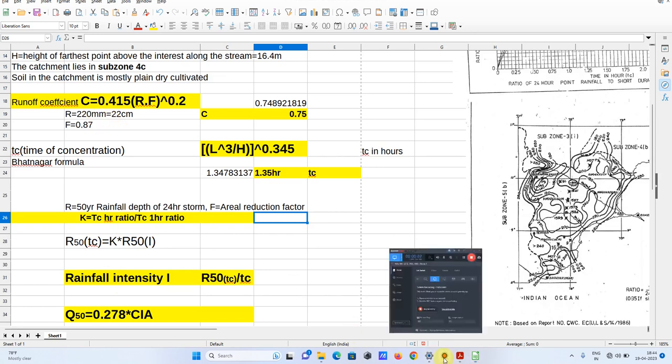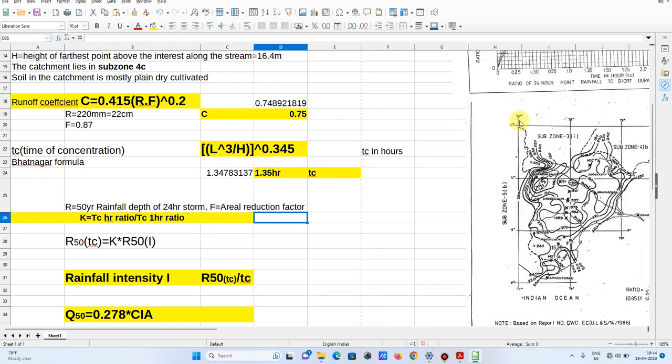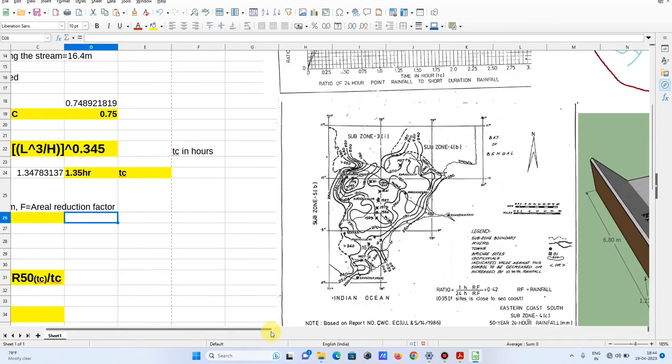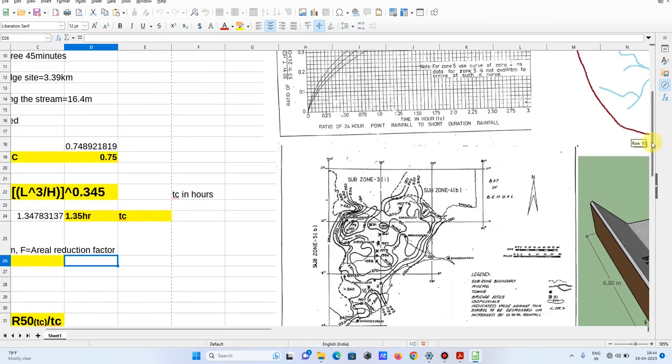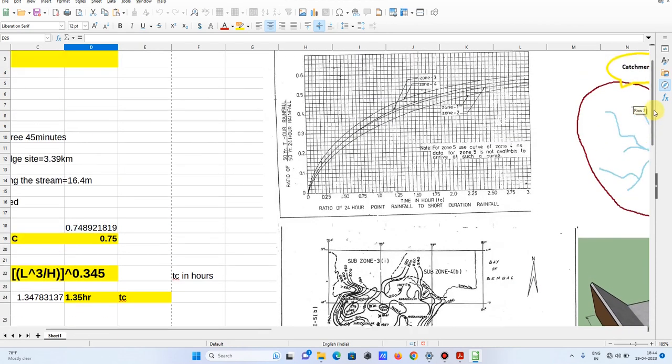And the K factor is a ratio value based on the time of concentration, read from the graph. I know the catchment subzone, that is zone 4, and I know the value of TC, this is 1.35, so I will mark that in the graph to find the TC ratios.